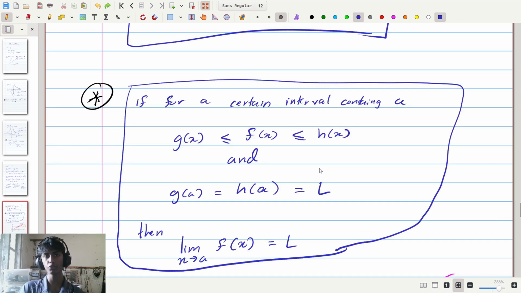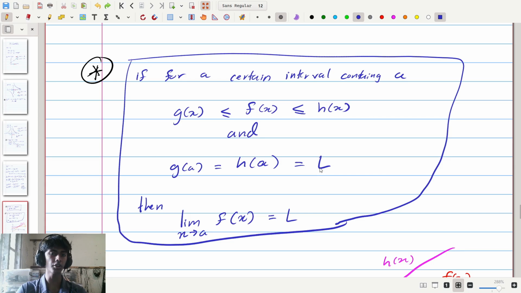This theorem is useful when you have a function that you're not really sure about, but you have two other functions that you are sure about and that you're sure are bounding this function. So we can see here, this is a bound, this is a bound. We have the less than or equal sign here and here. So therefore, these two functions are bounding the central function f(x), at least within the interval containing a.